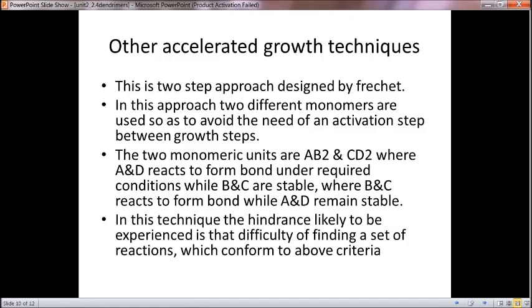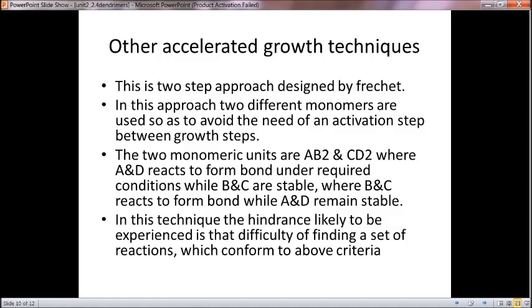In this technique, the difficulty likely to be experienced is finding a set of reactions which conform to the above criteria. Because bond formation is done repeatedly to form multiple dendrimer branches, it is not easy to deduce which monomeric unit is reacting at a particular time. That is the difficulty here.